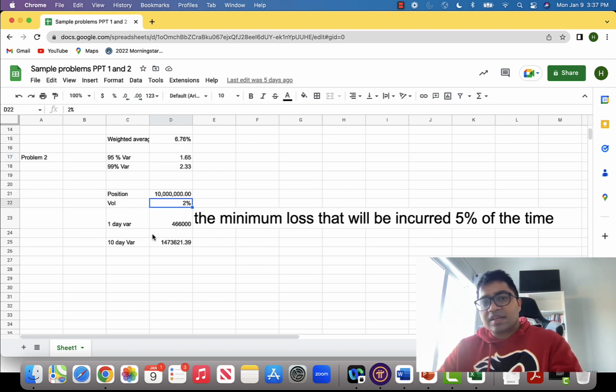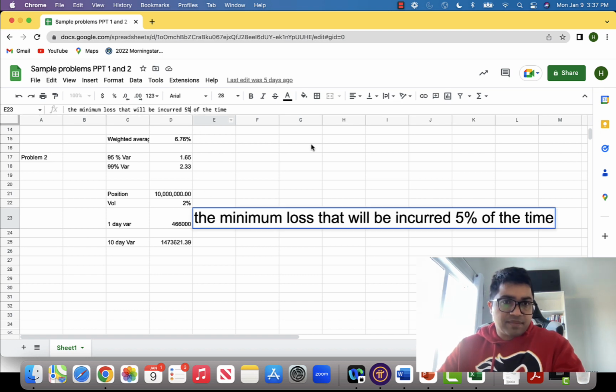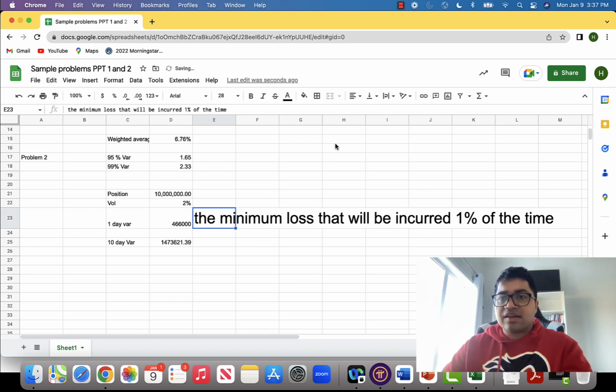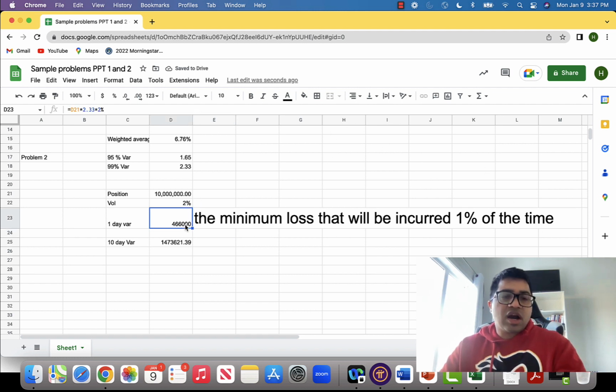Volatility is 2%. How do we calculate 1-day VaR? The definition is this is the minimum loss that will be incurred 1% of the time, since this is 99%. You're calculating 1% of time. So how do you do that?